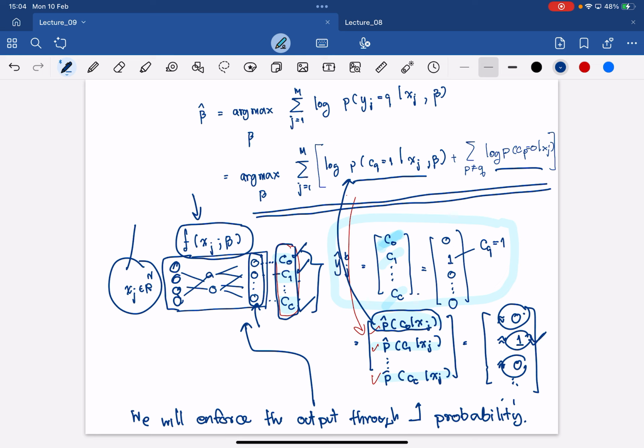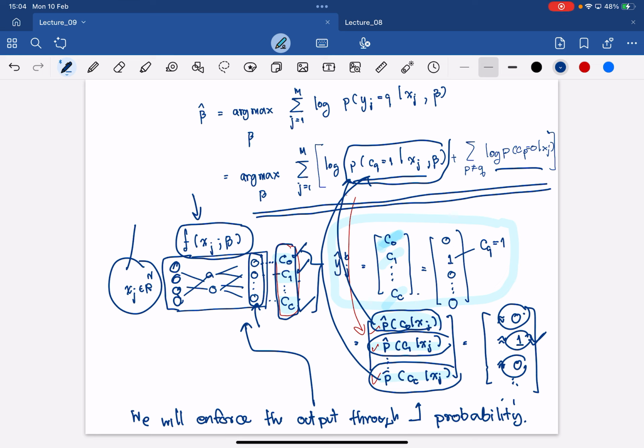So pretty much this output is representing the probability. We can actually use it as a pseudo-probability for being in each class.